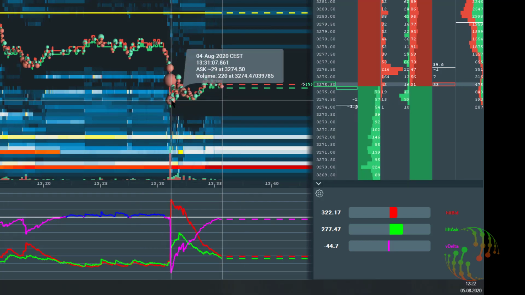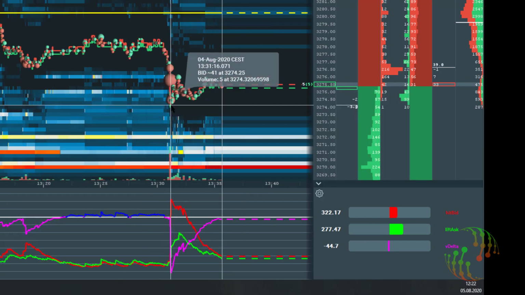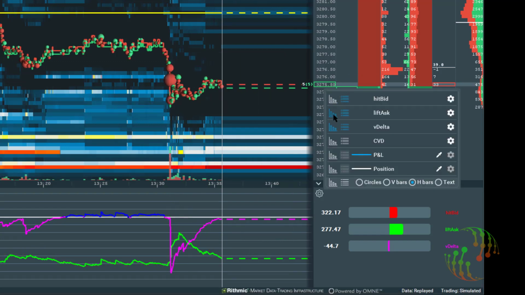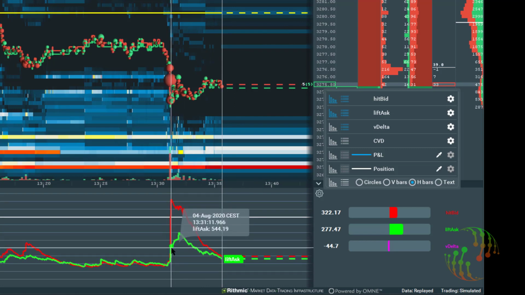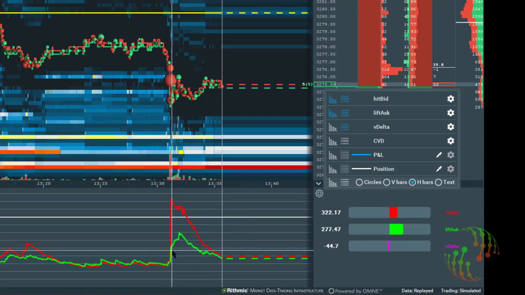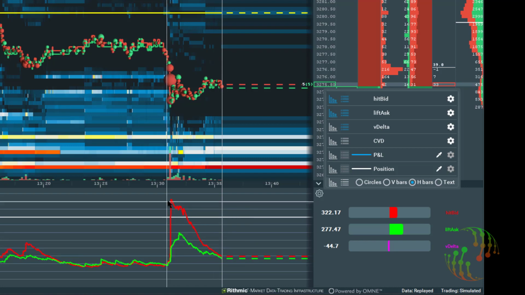Okay, so far so good, but can we answer the question if this might be a continuation move down, or is this a possible reversal point? To answer this question, we should switch off the vDelta and measure the ratio between the hit bid and lift ask volume, or traded or transacted orders.